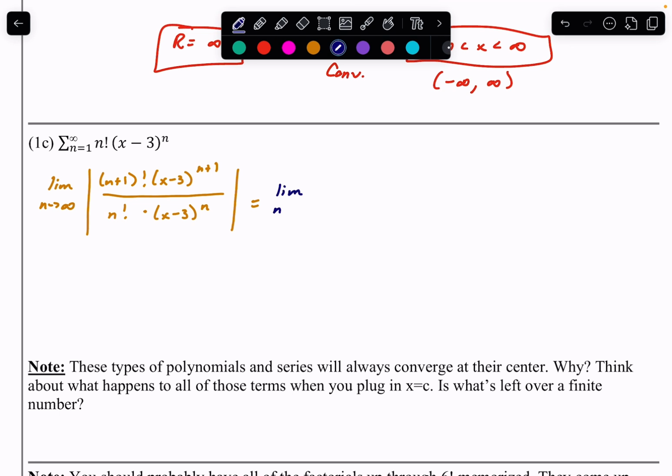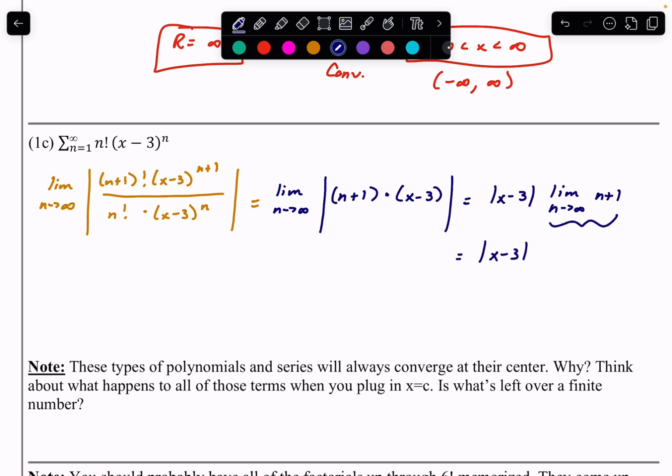I get the limit as n goes to infinity of n plus 1 times x minus 3. So the x minus 3 I can move to the front because it's the limit as n goes to infinity. So I've got x minus 3, and this limit is going to be infinite.